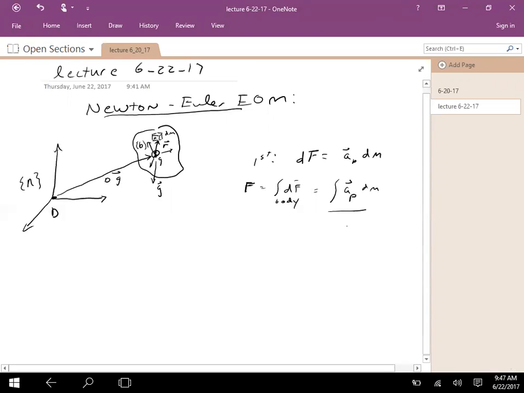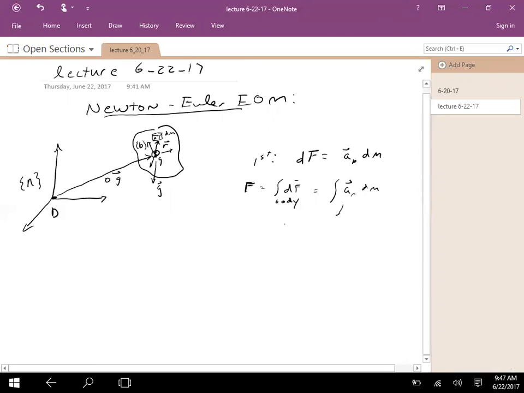I'm going to do this over the entire body. But acceleration, yeah, so my acceleration is going to be the acceleration of P times dm.